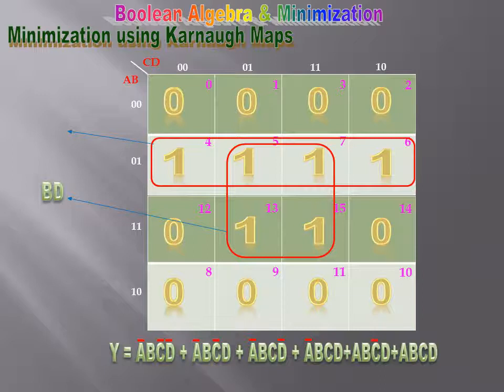So only the horizontal variables remain, that means A not B. So the solution of this expression is the simple minimization y equal to BD or A not B.